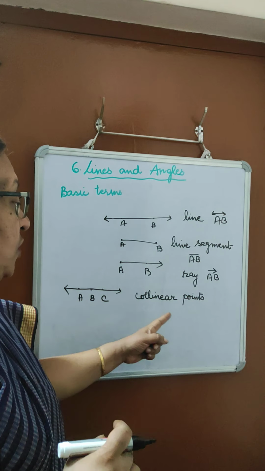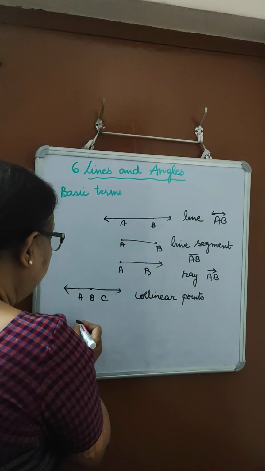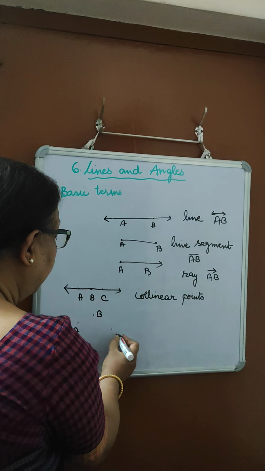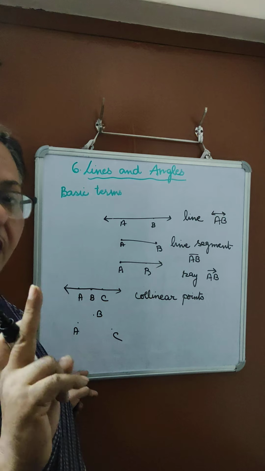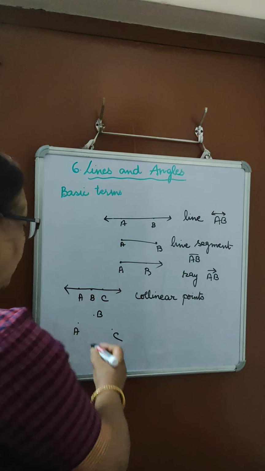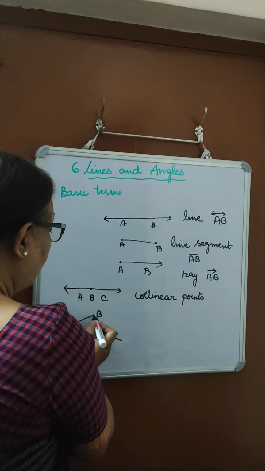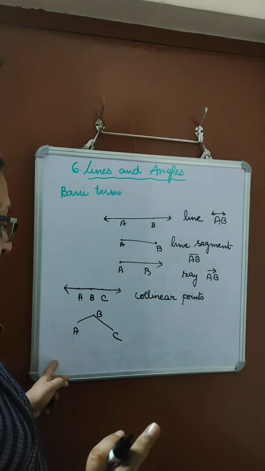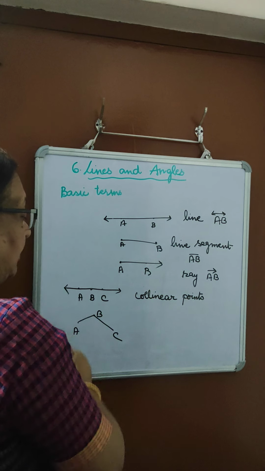And non-collinear points, what will be non-collinear points? Suppose I have 3 points A, B and C. Now can I draw a single straight line passing through all these 3 points? No, either I draw this or I draw this. I do not get a straight line passing through all the 3 points.